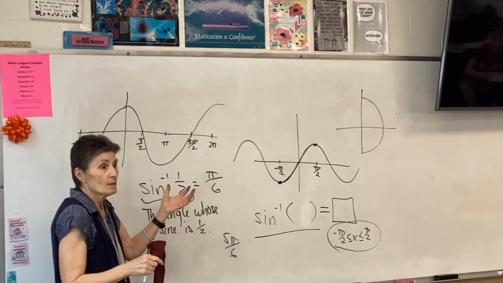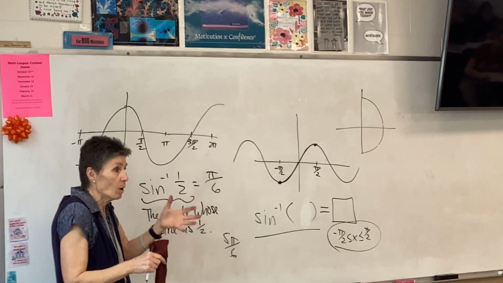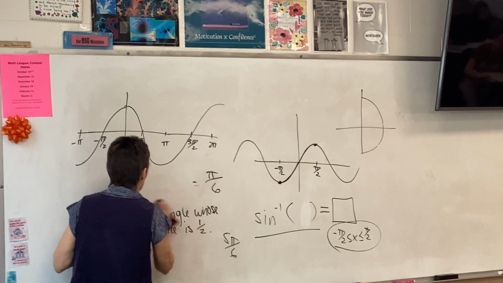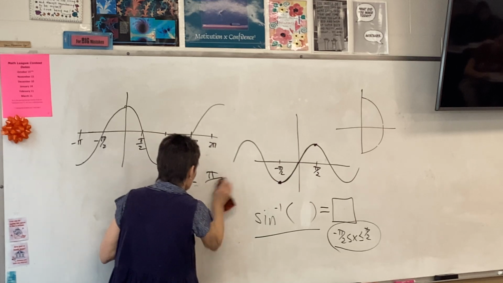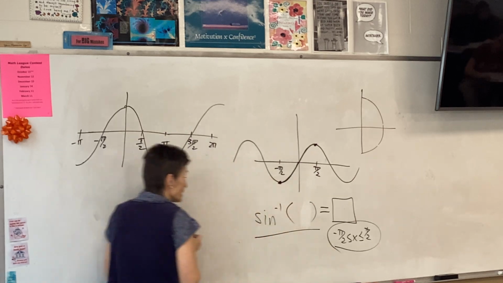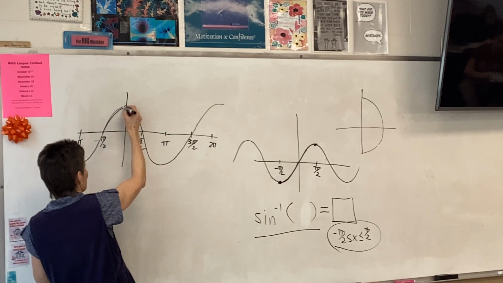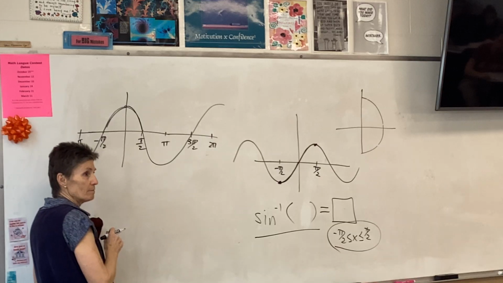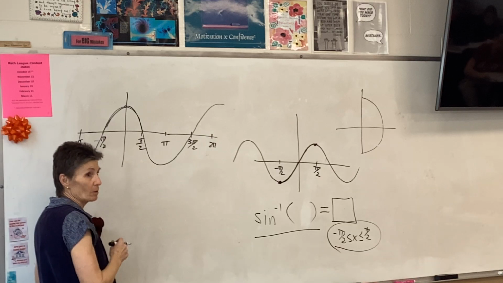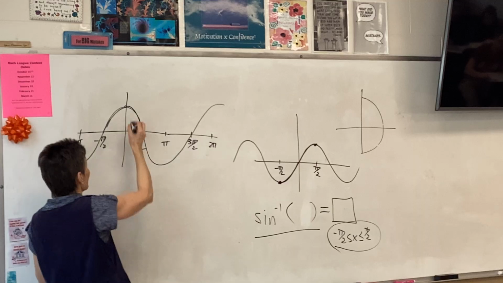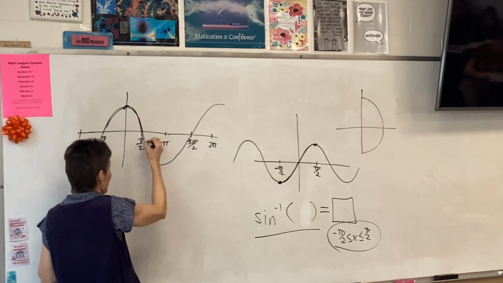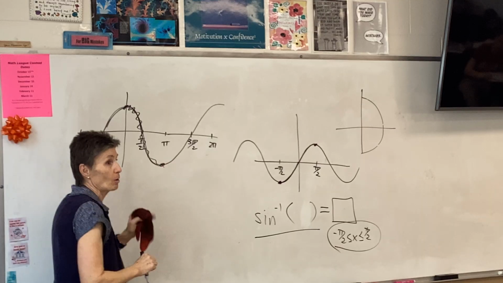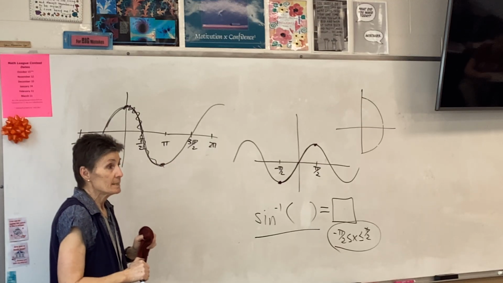Not one-to-one. I gotta make it one-to-one. Now, if I picked the same interval that I picked for the sine, which is this interval right here, that would be this part of the cosine curve. Is that one-to-one? No, can't pick that part, because that's not one-to-one. So with a cosine, we pick this part. Is that part one-to-one? Yes.